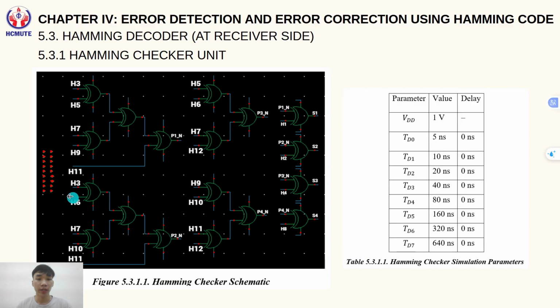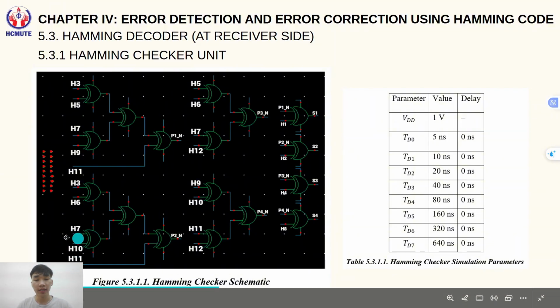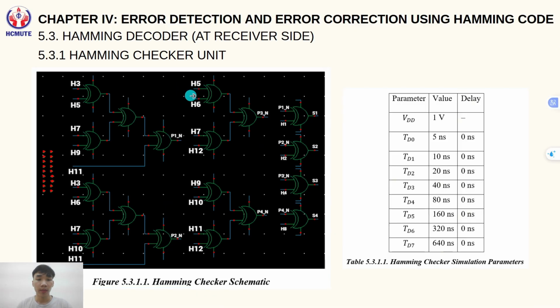B2n equals x3 XOR x6 XOR x7 XOR x10 XOR x11. B3n, parity bit number 3, equals x5 XOR x6 XOR x7 XOR x12. And the last, B4n, equals x9 XOR x10 XOR x11 XOR x12.